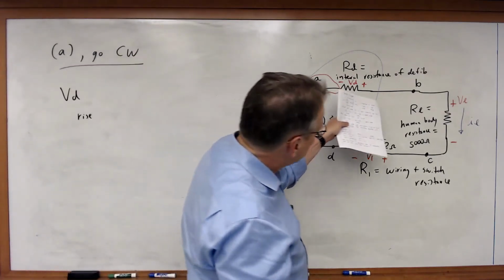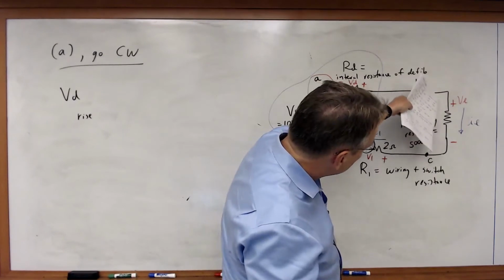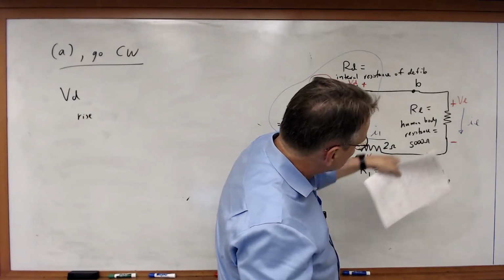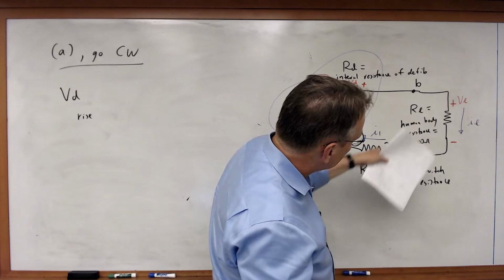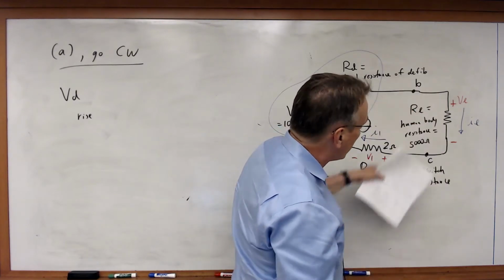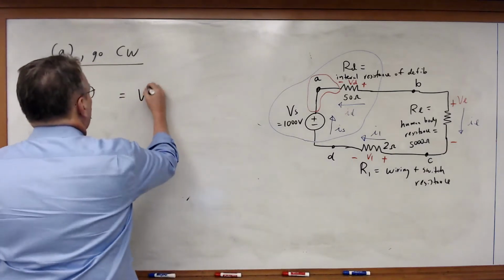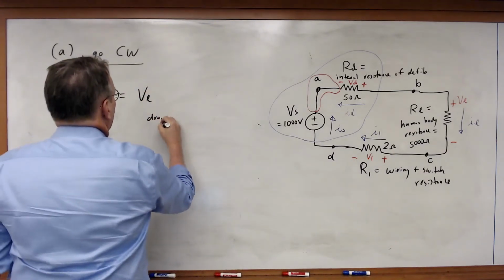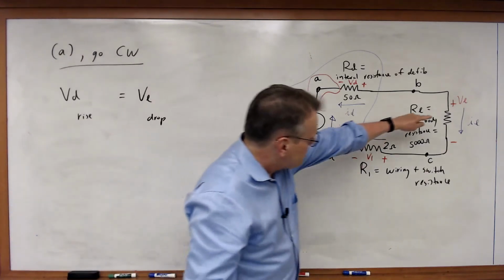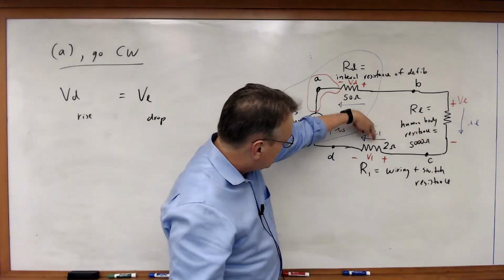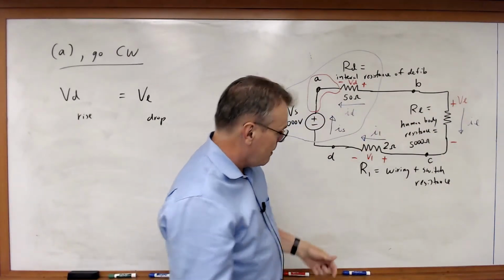Then I continue around through node B, and then across the voltage across that resistor, VL is a drop, positive to negative. Keep continuing around. Now another drop, V1.